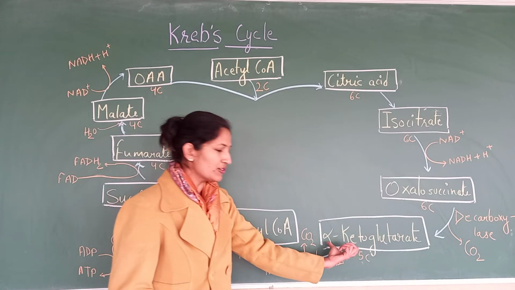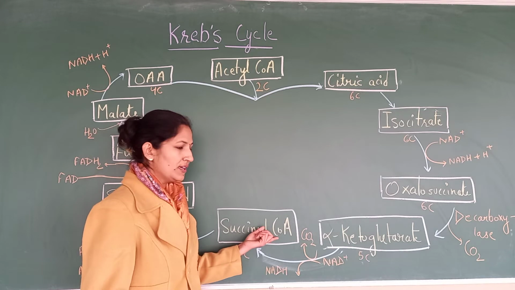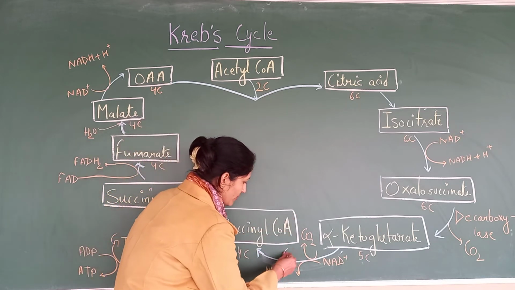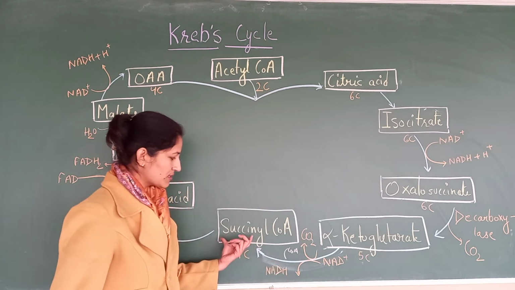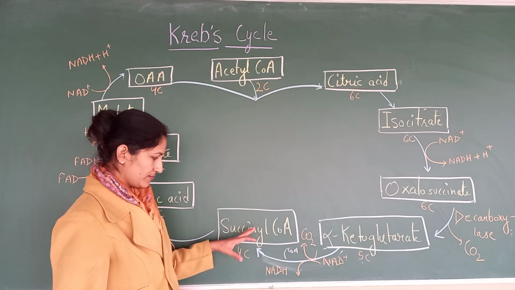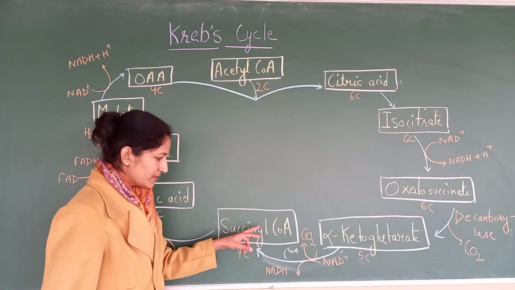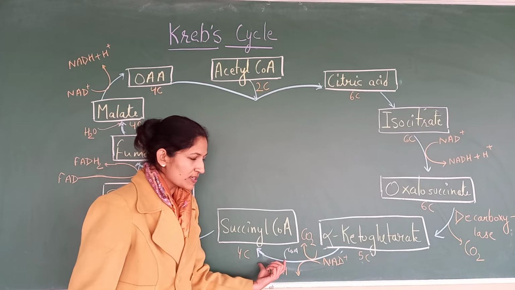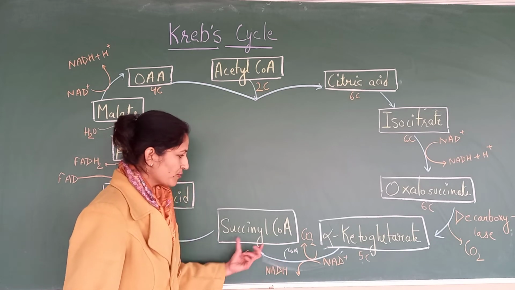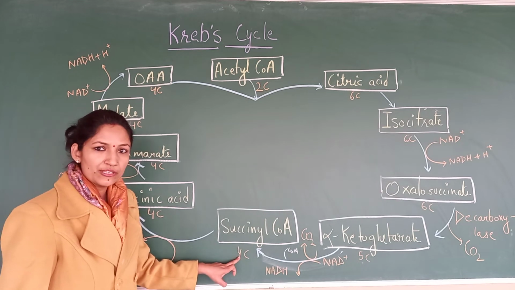This again undergoes oxidation to form succinyl-CoA. CoA is also present in the matrix, and that is added with the succinyl chemical. While forming the succinyl-CoA, one decarboxylation again takes place. So from the 5 carbon molecule, we now obtain a 4 carbon molecule.